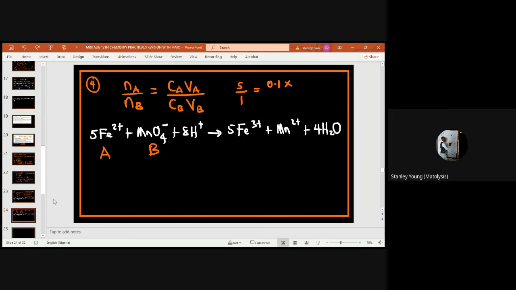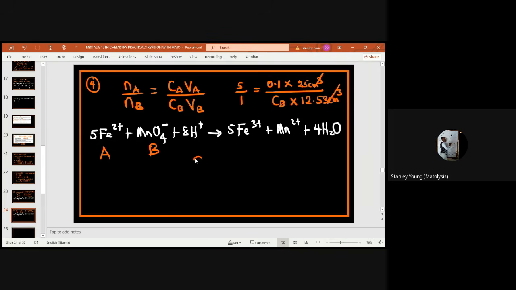Usually, we have nA versus nB, where A is the acid and B is the base. So there is no problem though. So here we have 25 times CA over CB, which we are looking for, times volume of B. Remember, we have it as 12.53 cm cube. I didn't bother to use dm cube because cm cube will cancel out here.